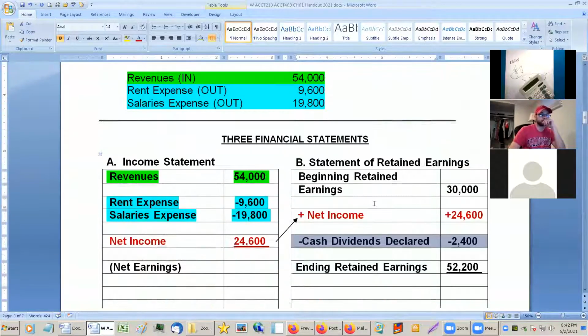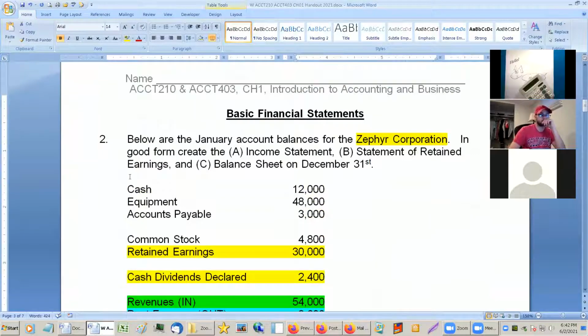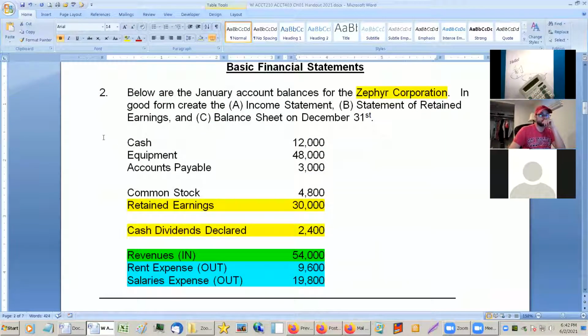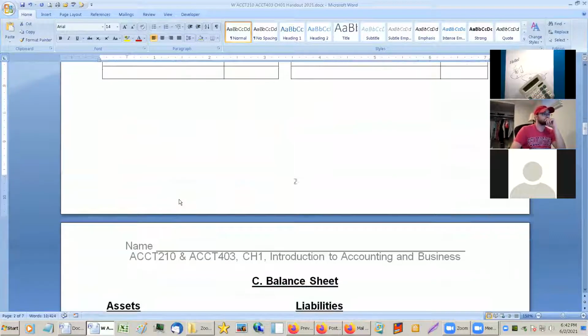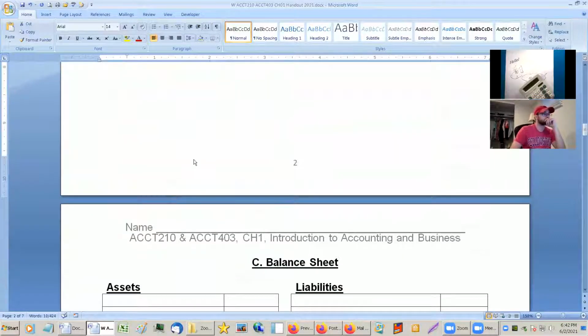I think just for ease, I'm going to copy these down to the next page. You can also do this if you want. We need these for the balance sheet.